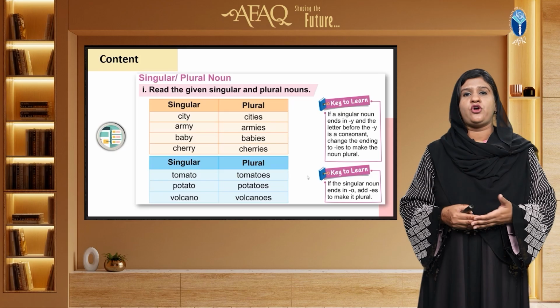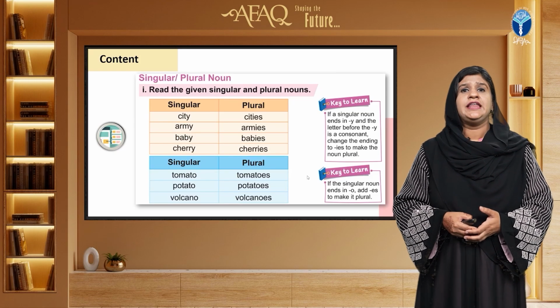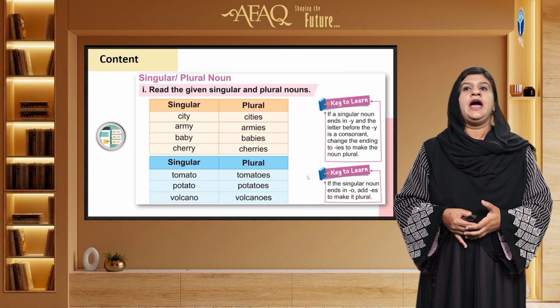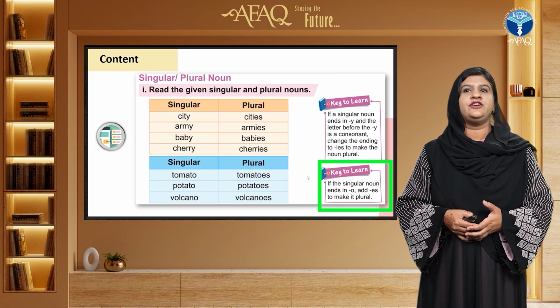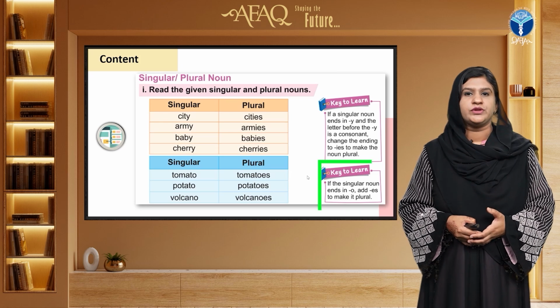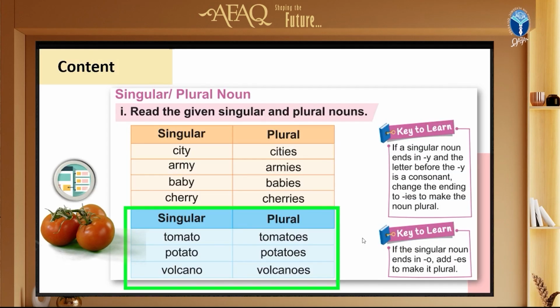And the next pair of words are some words that end in O. So here let's see the explanation that if a singular noun ends in O, we are going to add ES to make it plural. Let's see some words with that. Tomato, tomatoes. Here we have added ES at the end. Potato, potatoes.